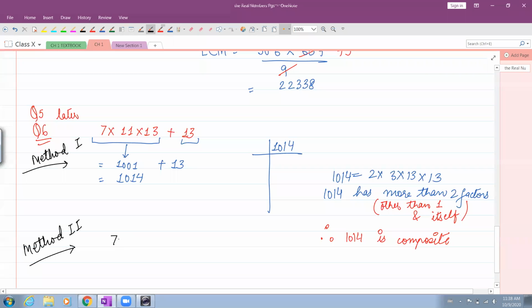And then the second method is to use the distributive property to simplify.